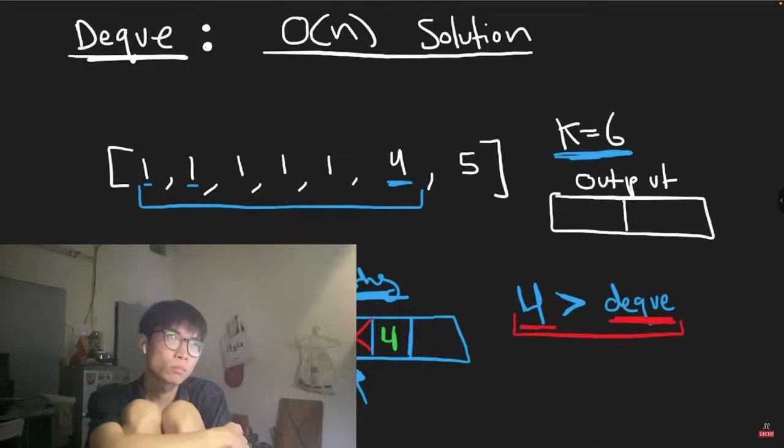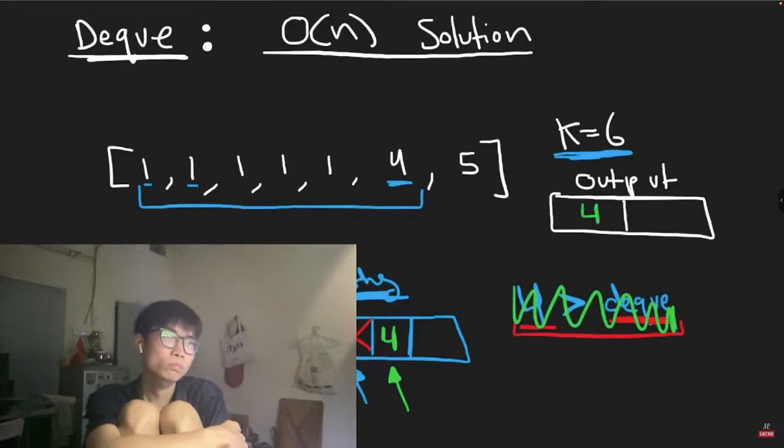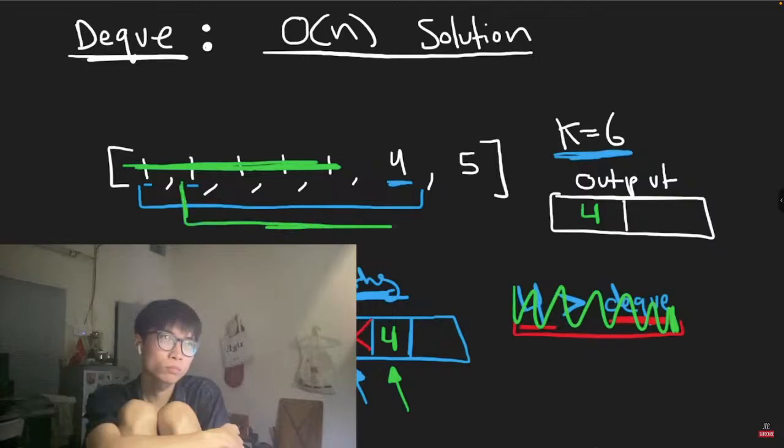Well, the leftmost value, and in this case we only have one value, is what we add to the output, so a 4. And so we're done with this comparison. We don't have to look at it again, and we don't even have to consider these elements anymore. And now we shift our window by 1 position.